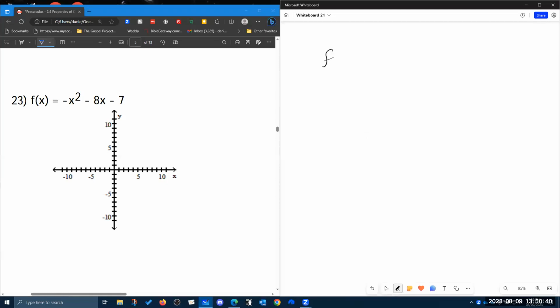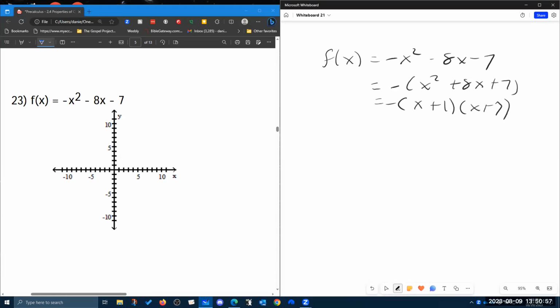Let's go ahead now and deal with f of x equal to negative x squared minus 8x minus 7. Factor out the negative 1 first. Then we have x plus 1 times x plus 7. And that means that x plus 1 equals 0 or x plus 7 equals 0. x equals negative 1 or x equals negative 7.